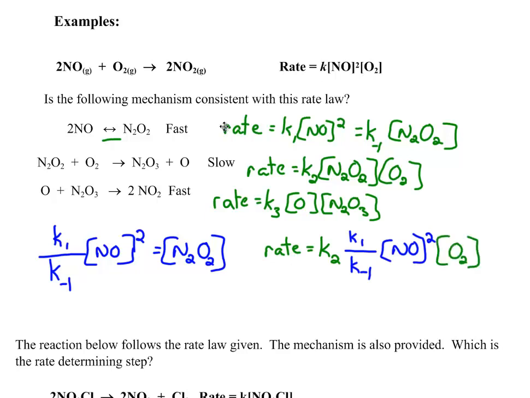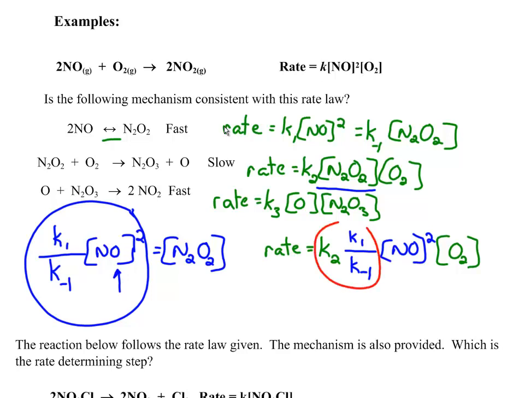All right, multiple colors here. I apologize, I missed a step. There should be no 2 as a subscript there, so it's now gone based on the rate law for the first reaction. I've simply taken the concentration of N2O2 in my second rate law and replaced it with this expression here. And now I've got a mess of k's, but I have NO squared and I have O2, which is what I want. But this is just the product of 3 constants.